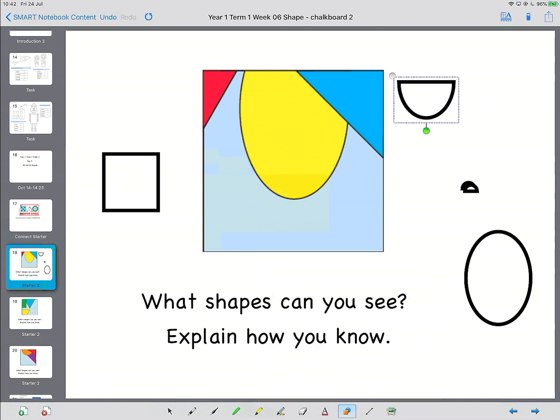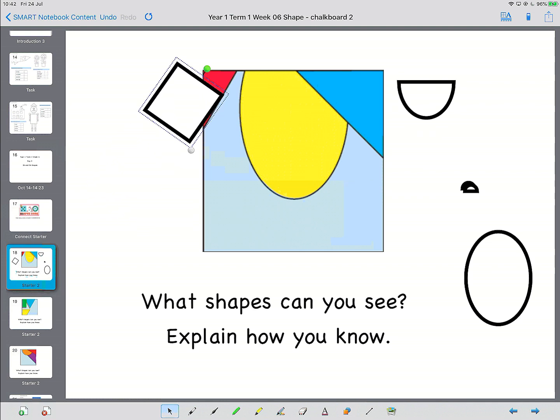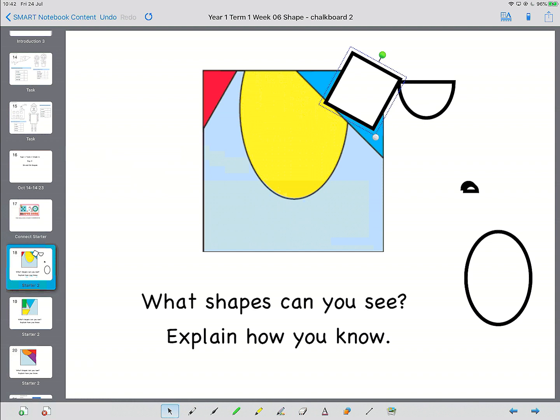And these could be a square. I'll show you why. If we line it up, we were to move it there, it could fit like that. Or it could be, what shape is that?